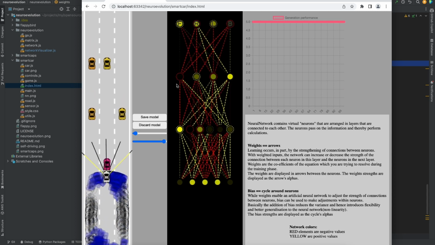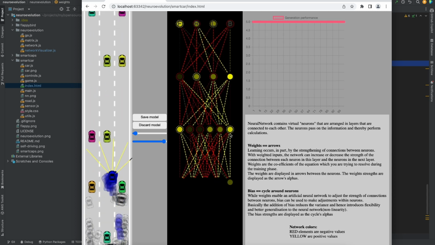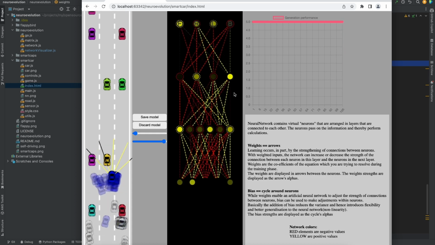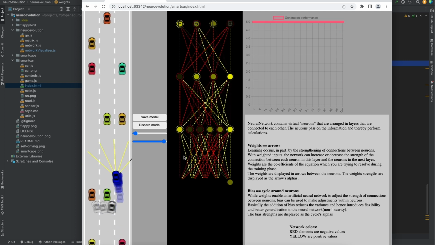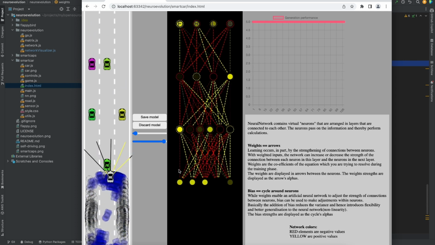You can see how strong each neuron output is, right? And you can see the weight, how strong the connection between the neurons in different layers is. So in summary, we are trying to bring some explainability to our black box models, and you can see the behavior as it goes.